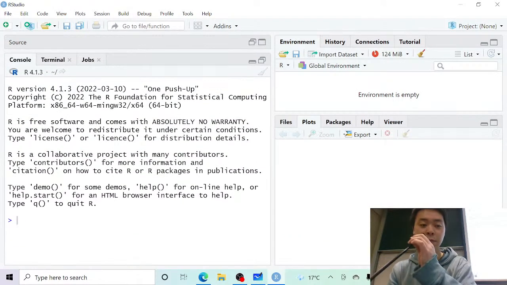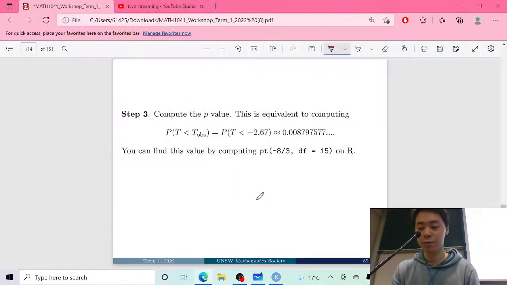So inside your terminal, what you effectively want to compute is the probability of a t-distribution. In R, p is always to compute the probability, and then you have something here which will stand for what the distribution is. In this case, because it's a t-distribution, you want to use pt.